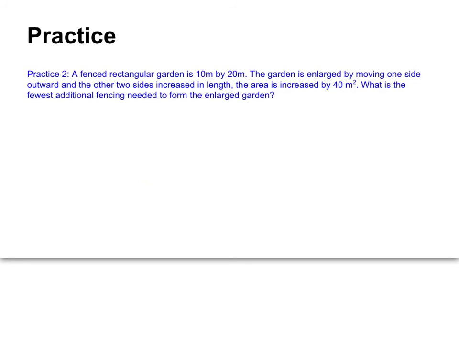Okay, so we have a rectangular garden, so let's draw up the garden first. Okay, I just drew up the garden, and the tricky part here is this garden's dimension is 20 meters by 10 meters.